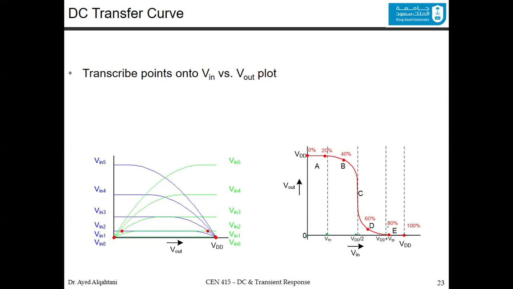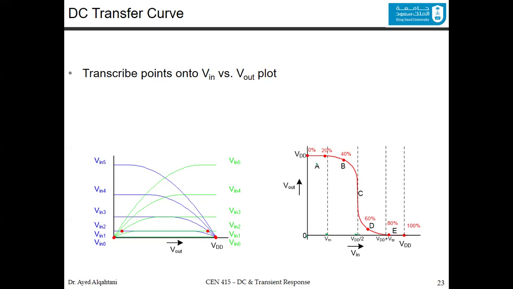And the last 2 points, the 80% and the 100%, are in region E, between VDD plus V threshold of P and VDD, where the NMOS is linear and the PMOS is in the cutoff region.